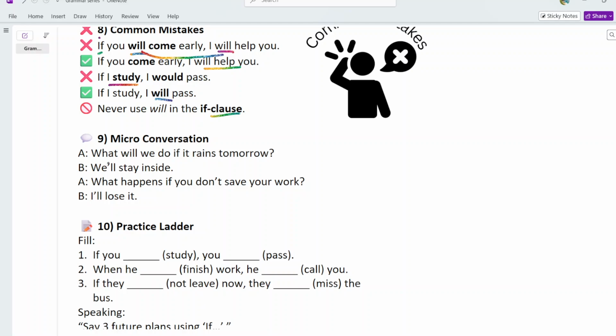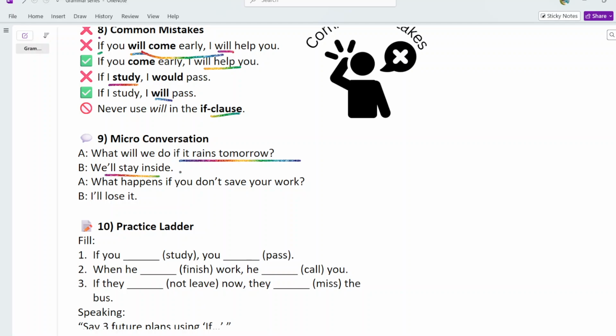Person A: What will we do if it rains tomorrow? Person B says: Nothing much. We will stay inside. Okay. What happens if you don't save your work? I will lose it. Okay, it's just a combination of the builder form. If it rains tomorrow, we will stay inside, right?